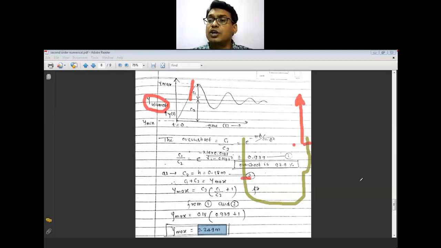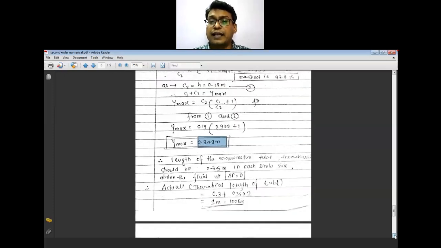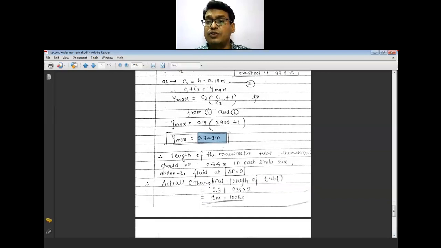As a result, you have to design it with a higher length. That is the actual length: 0.3 meters of the fluid is available, and 0.35 is calculated, 0.349, which is nothing but 0.35 times 2, since we have to consider both limbs. That comes to 1 meter length.